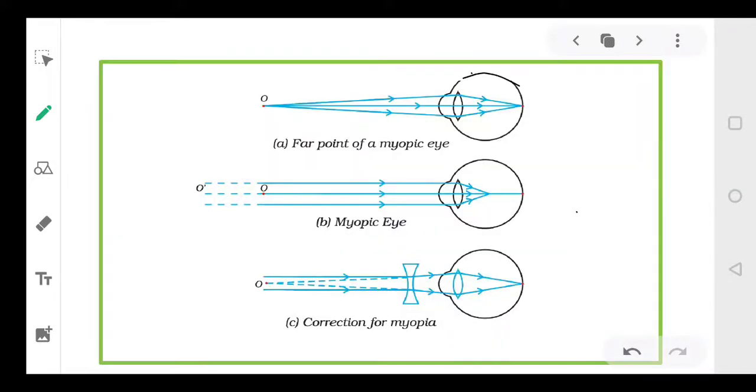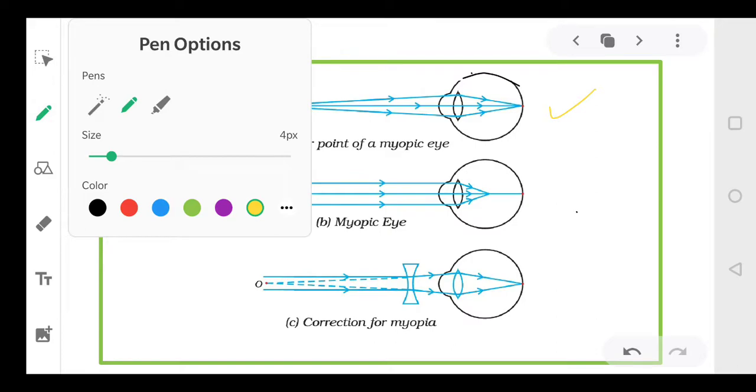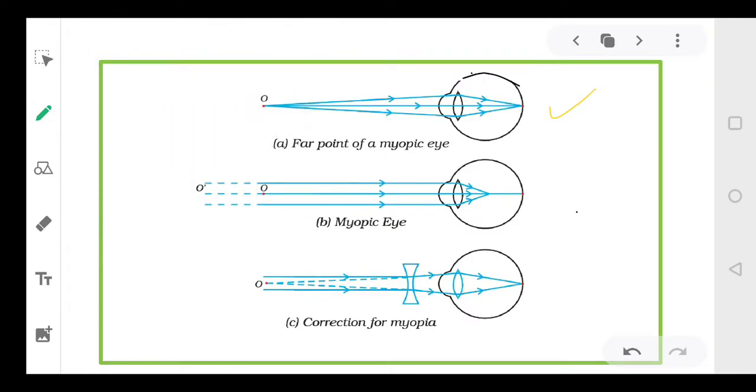Let's see the diagram of myopia. This is a normal eye. Suppose OA is an object present very far away from us.